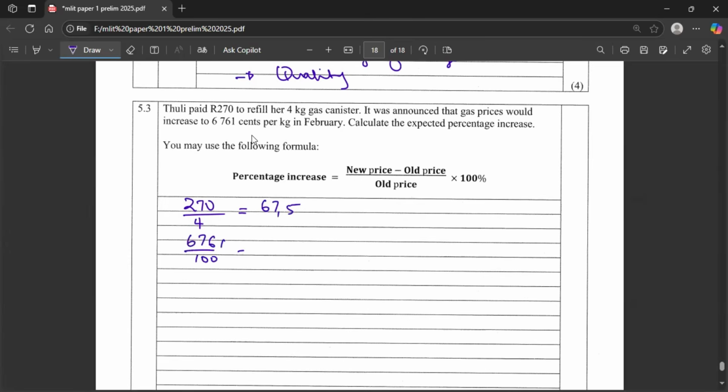When I look at the 6,761 divided by 100, I have 67.61. So this is the new price, and that's the old price.